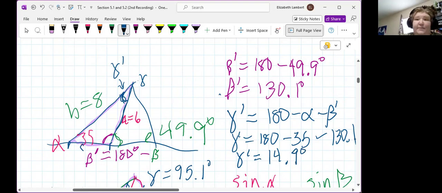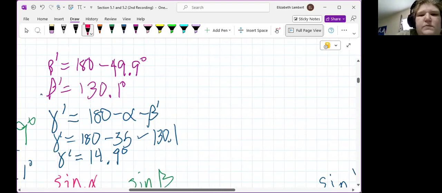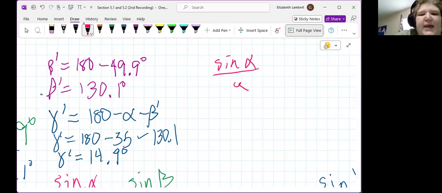So now that I have gamma prime, now I can use my law of sines to find what should be labeled as C prime. So sine of alpha over A. And this is the other reason why I prefer to use the given one, is this ratio is the same regardless of which triangle you're trying to figure out.